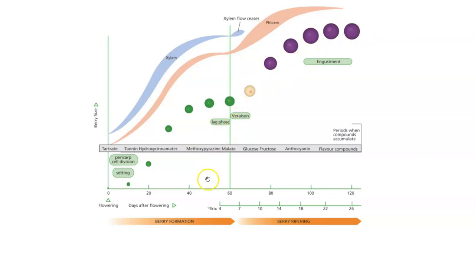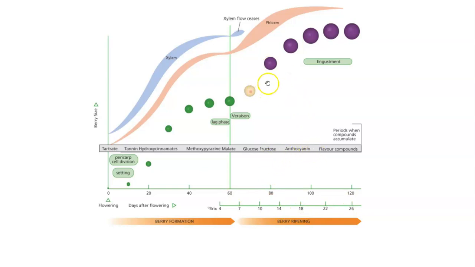So I would spend a little bit of time looking at this. You can see this is Brix here, so it's showing Veraison occurring at roughly 7 or 8 Brix, and then a rapid increase in sugar. You can think of that really as the percentage of the weight of the berry that is sugar, okay? And you can see it's rapidly increasing over time. You can see anthocyanins developing here.